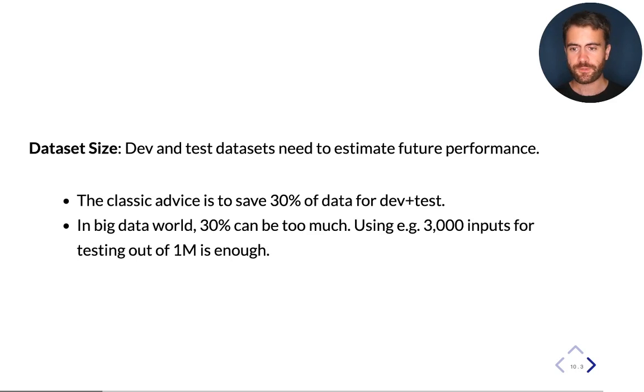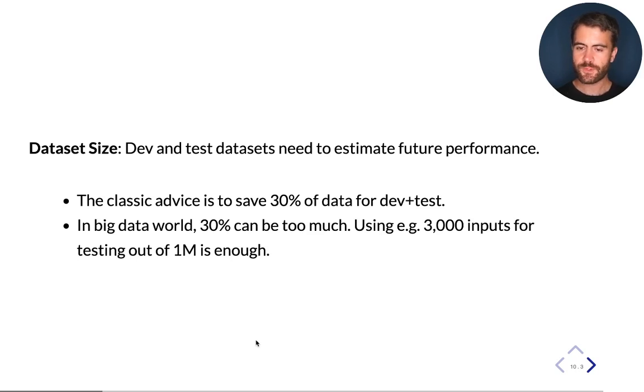It is likely that we can estimate our future performance with a test set of 3,000 or 5,000 inputs. And so the actual number of data points that we need depends mostly on the complexity of the task, but it is better to think of it as an absolute number.